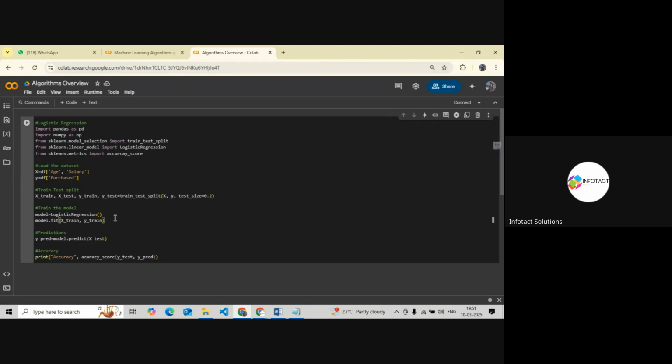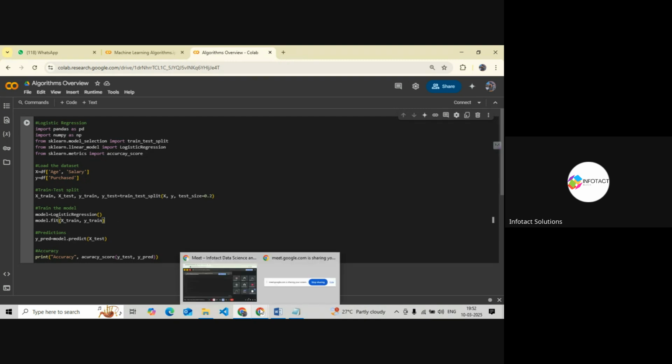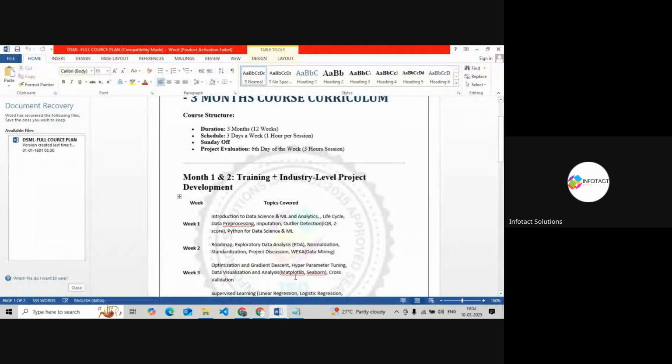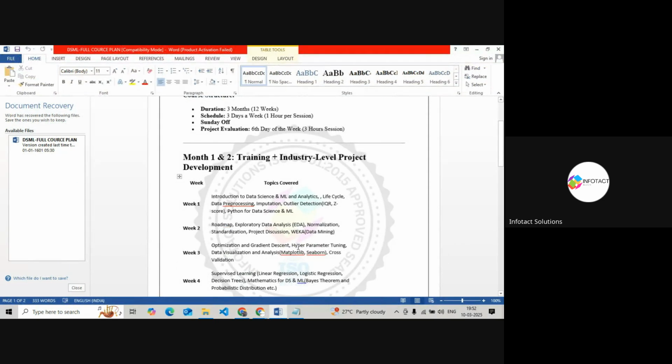Then some of the advanced machine learning algorithms like random forest classifier we are using, with hyperparameter tuning with grid search. We'll be discussing hyperparameter tuning in the upcoming sessions that I told you before, where we discuss optimization, gradient descent, and then hyperparameter tuning inside grid search.